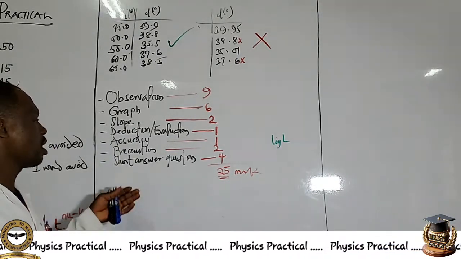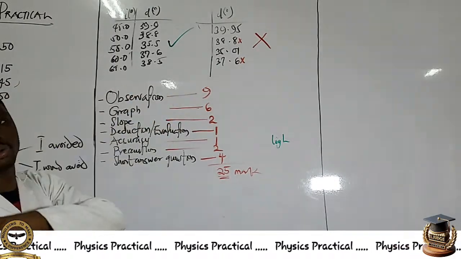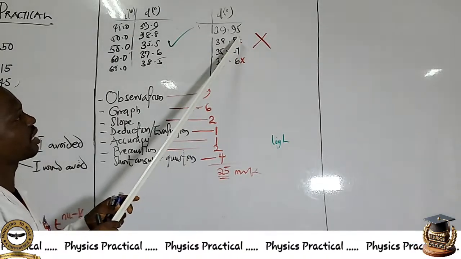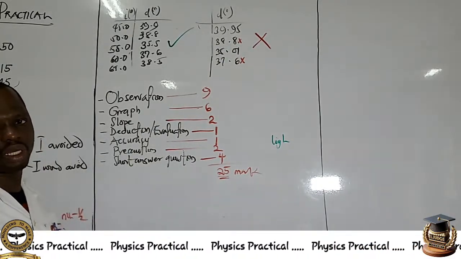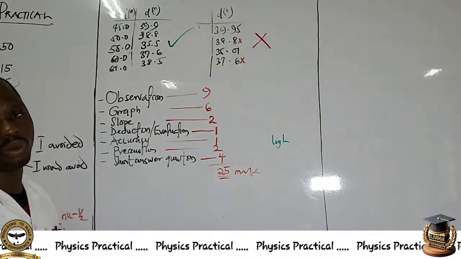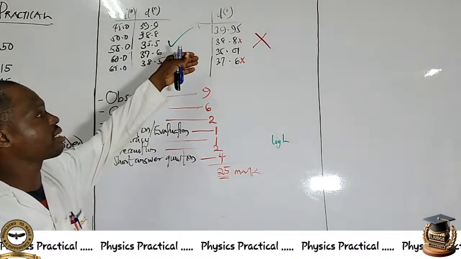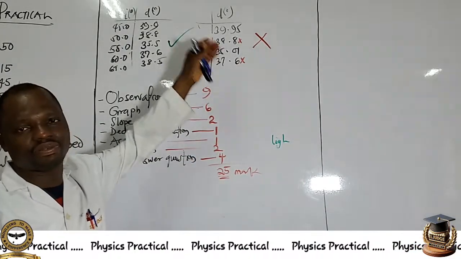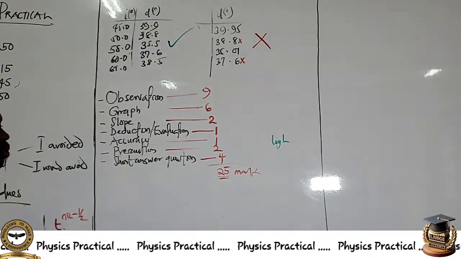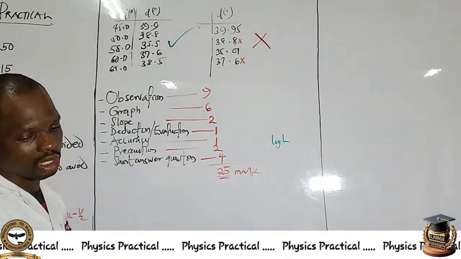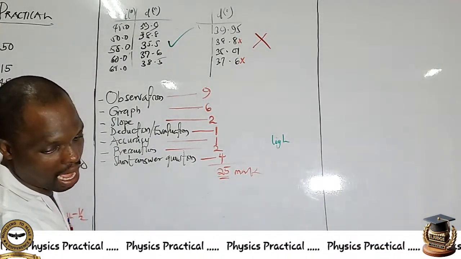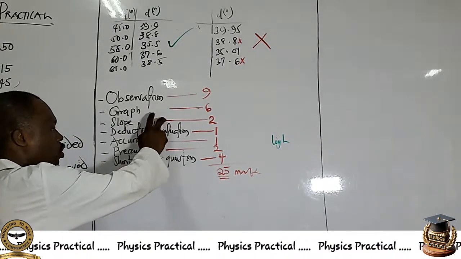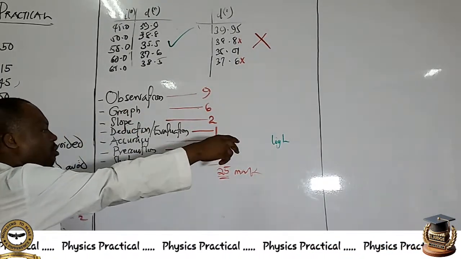Now, in that case, if the student plotted something else from the table of values he had, say someone has 39.95, and in the plotting he was plotting 39, 38, 37, these are values that are different from what he has on the table. So he is going to lose marks for graph, slope, deduction, even accuracy.